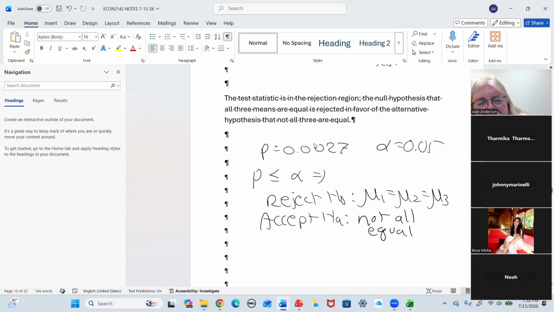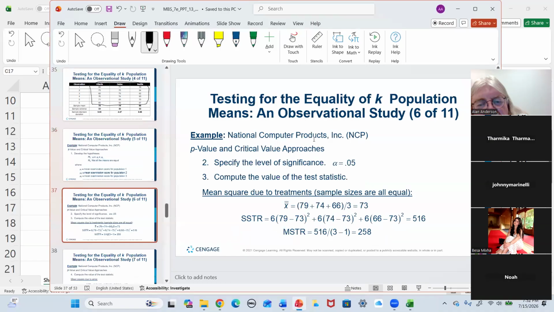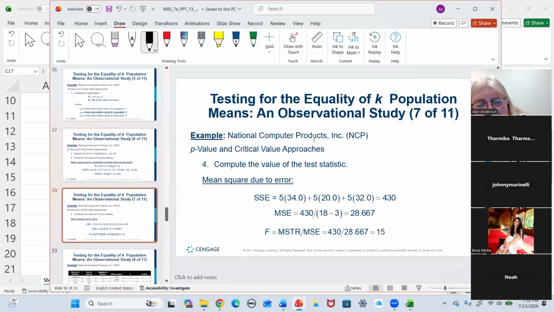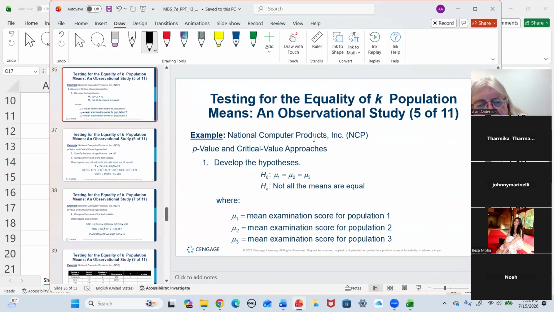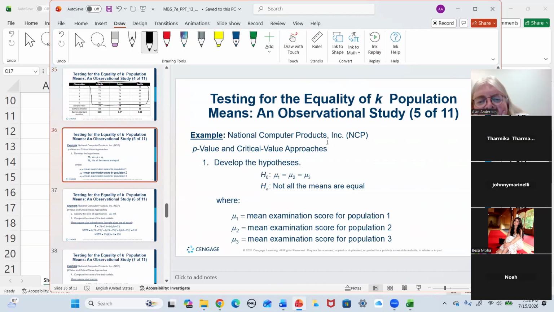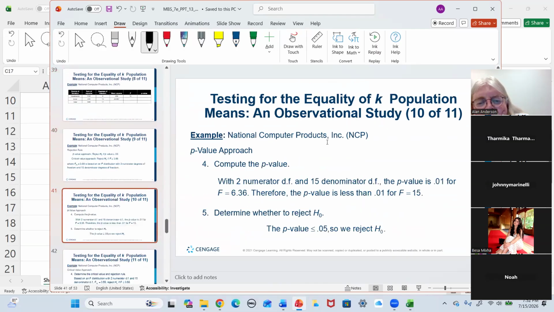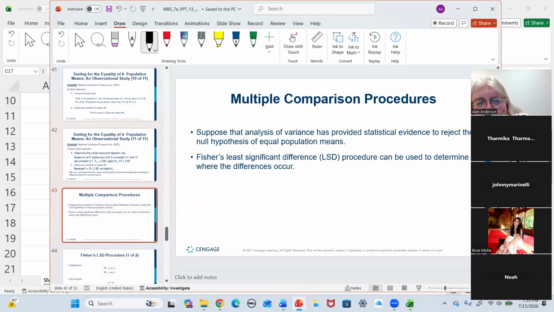And that just means now, based on this problem, they had the three cities. May have had a typo in it, but anyway, reject the null, whether we use the p-value or the test statistic.